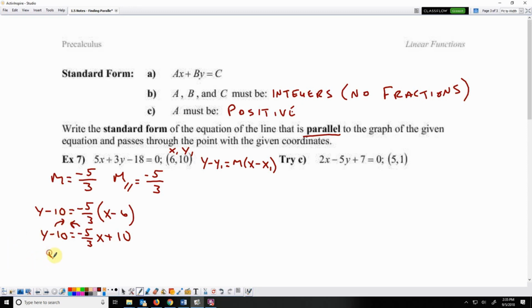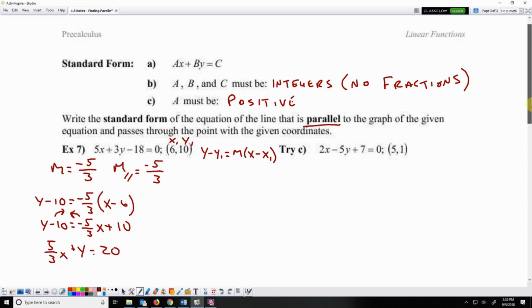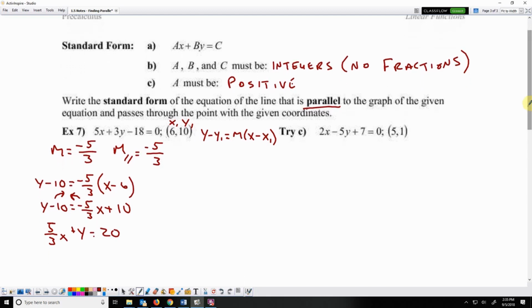So I get 5/3 x plus y equals 20. So there's one problem that we still have to fix, and that is that we don't have all integers. So to fix that, I could multiply all terms by this denominator, 3. 3 times 5/3 is 5, times y, times 20.